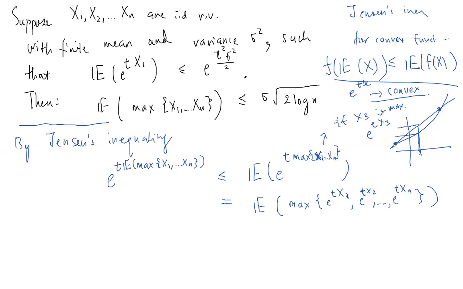So over here is the same. If x3 is the max, then from here it will take out e to the t x3. So these two ways of writing are equivalent.